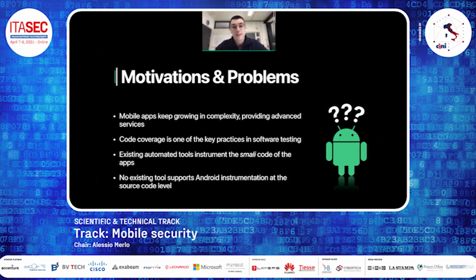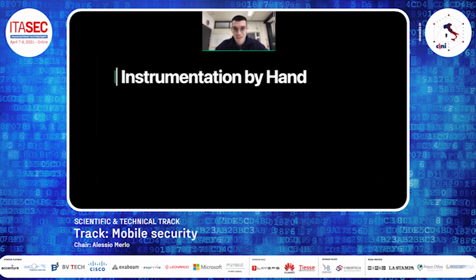However, inspecting the covered SMALI code is less significant for a developer than the evaluation of covered source code lines. And no existing tools support Android instrumentation at the source code level. So what you need to do is to do it by hand.